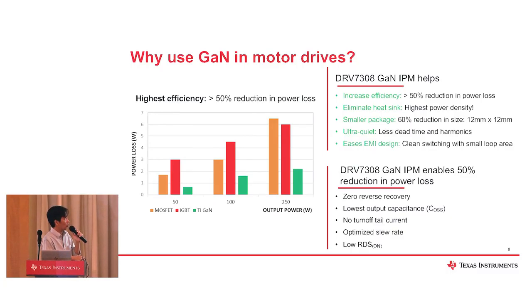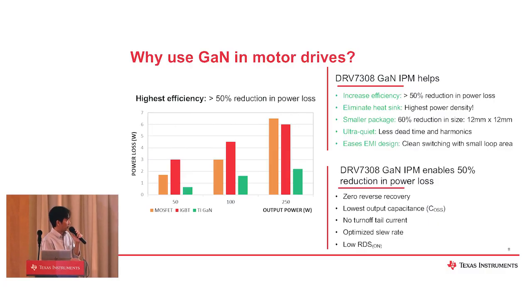With the GaN, you don't need that, because it offers zero reverse recovery. And because the output capacitance is low, and compared to the IGBT, it doesn't have the turn-off tail current, it also contributes to reducing the power loss.